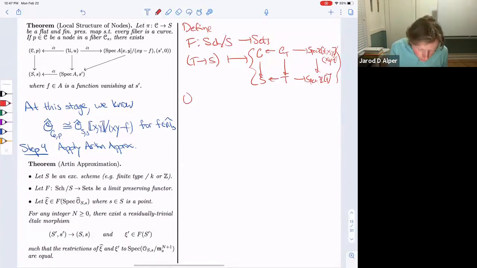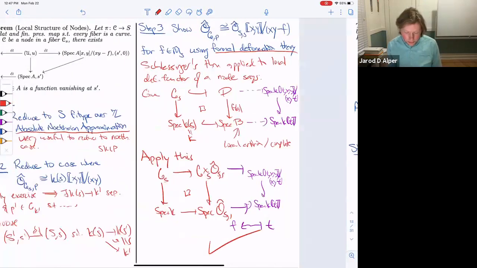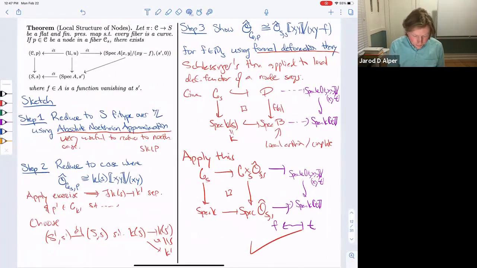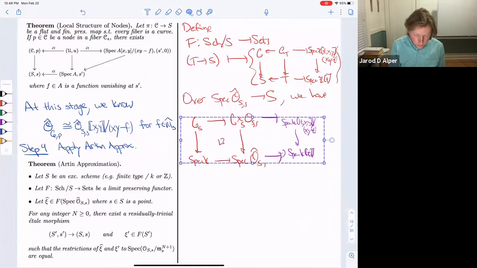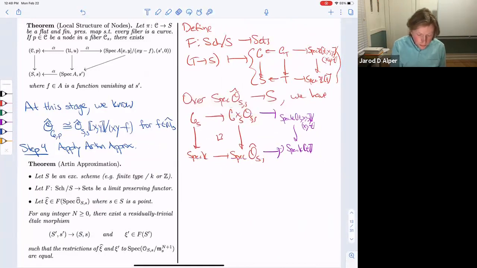And we know that, if T is the completion of S, we have an object over this. I mean, this is exactly what we constructed over here. We have this, and in fact, let's just remove the completions.